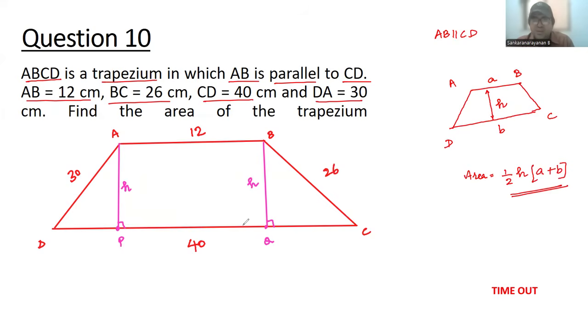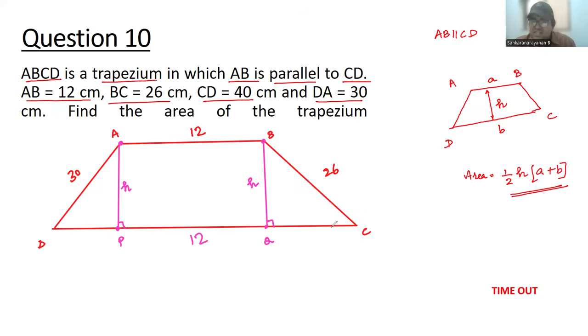What is PQ? You can see that since AB is equal to 12. Observe it closely. Since AB is equal to 12, can I not consider that PQ will also be equal to 12. So I am just writing it here. PQ will also be equal to 12.